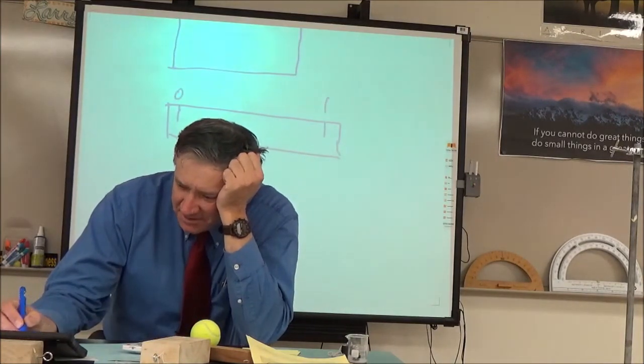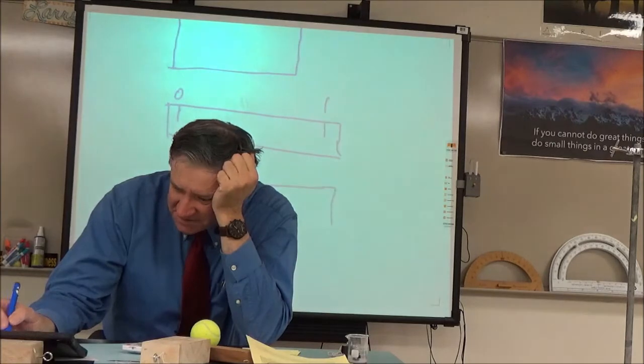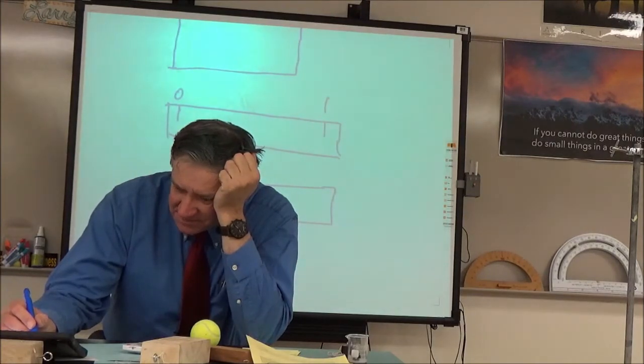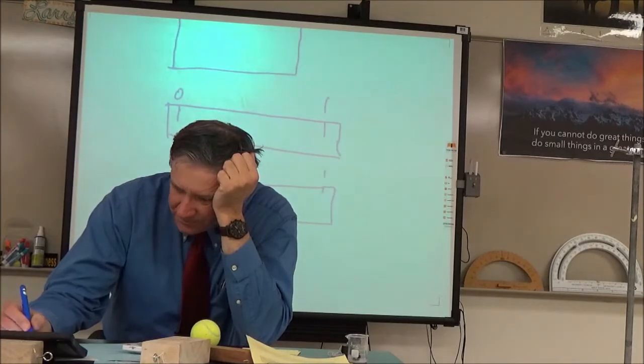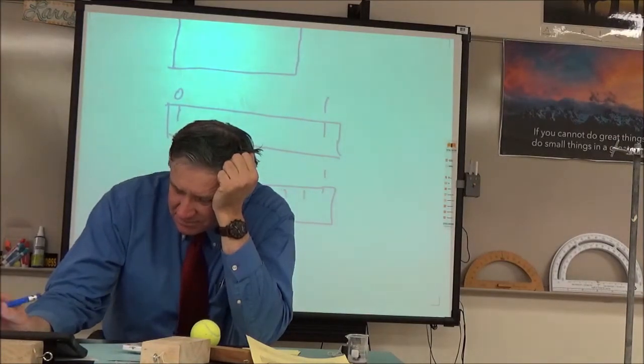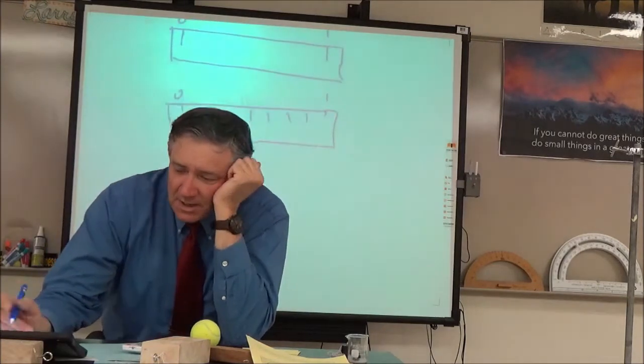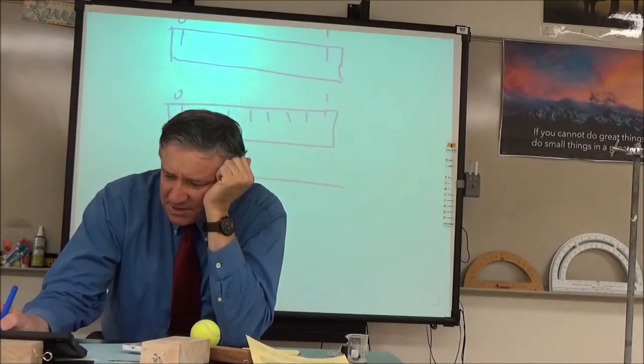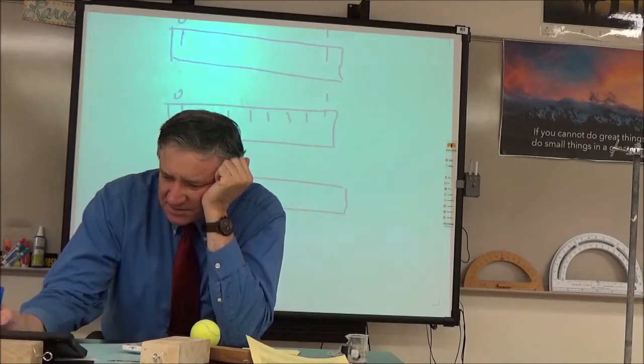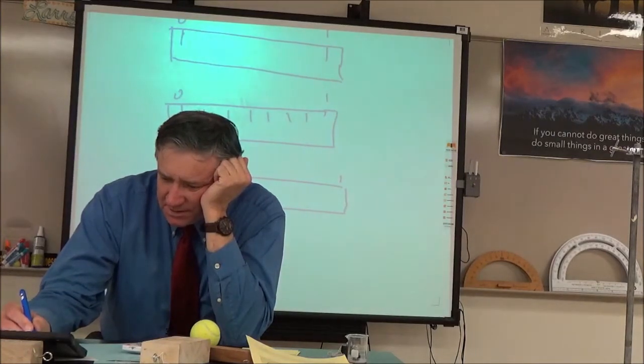Others of you have widgets that have 0 and 1, but then you have marks like this. Others of you have widgets that are marked off 0 and 1, and then you've got a whole bunch of marks on there.